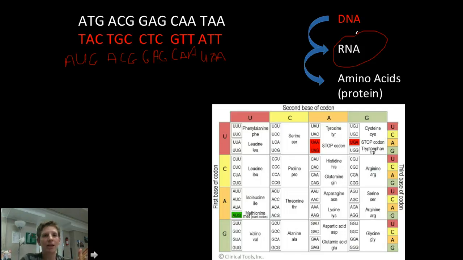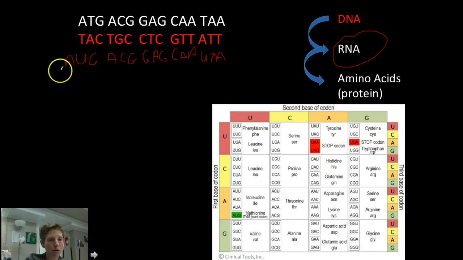Now, because we're not in the cell, we can't use the ribosome, we have to use this cheat sheet here. Ribosomes don't need it, but we do, to take the RNA and then know what amino acids the RNA is going to call for to put together to make proteins.